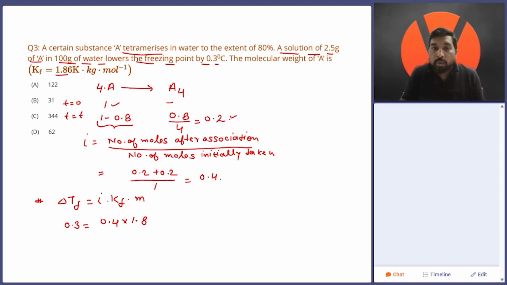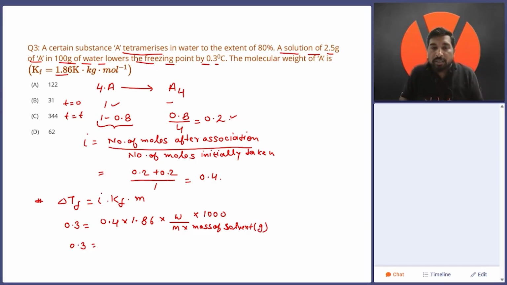That is 1.86. Now for molality, the formula is W upon molar mass into mass of solvent, and if you put it in gram, then you have to multiply by 1000.